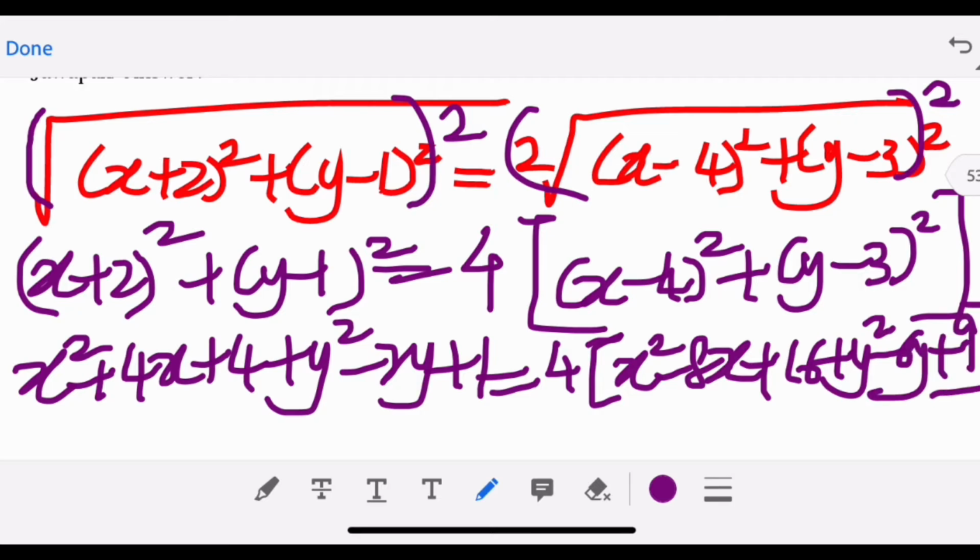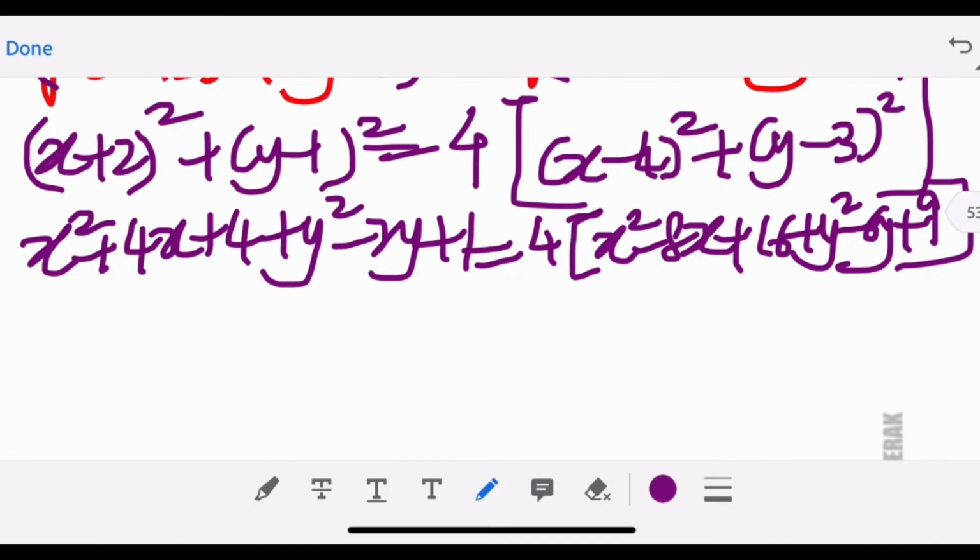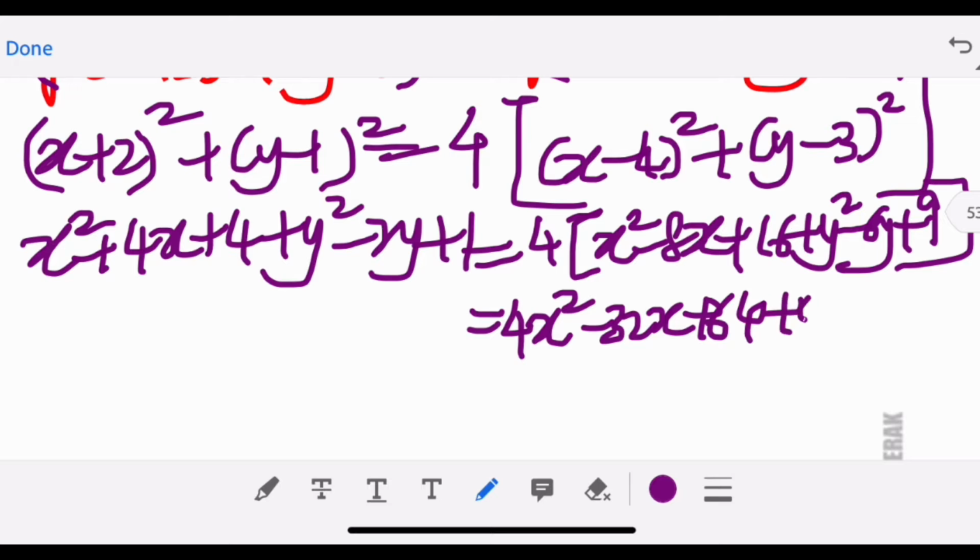This is 9. Now we will simplify this. 4x square minus 32x plus 64 plus 4y square minus 24y plus 36. This is 36.